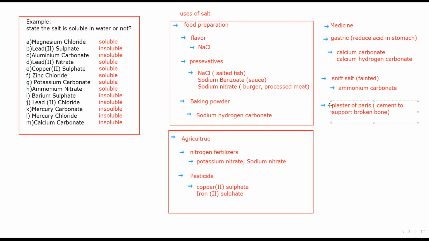What is the color of this cement? 他们每次 when the hand is broken, what kind of color is this? The plaster of Paris, the cement. Normally it is what color? You know? Calcium sulfate.